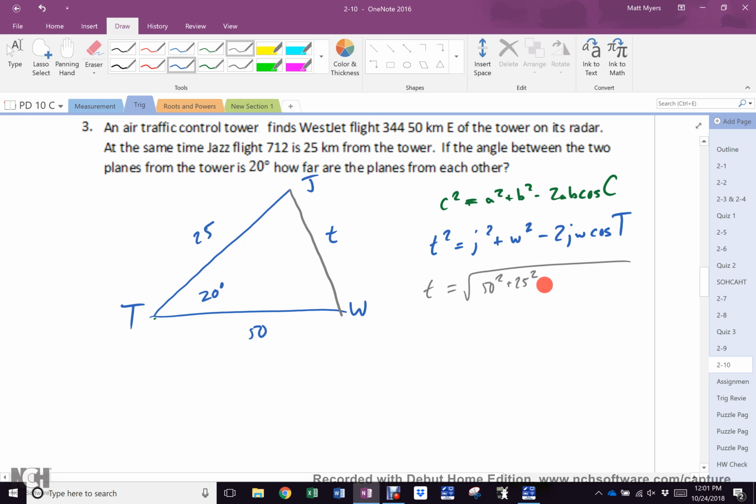Right. Minus 2 times 50 times 25 times cos what? 20. Now, if I wanted to put this in my calculator all at once, I would need some brackets, wouldn't I? Yes. Where? There. And if you have a forward calculator, you will need to close that 20 and put the last bracket.